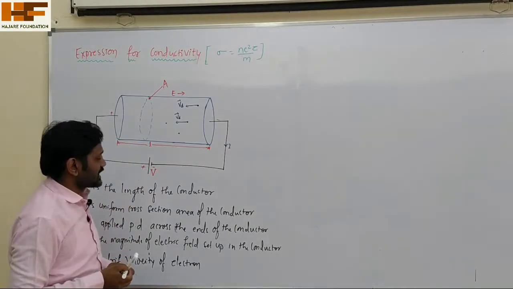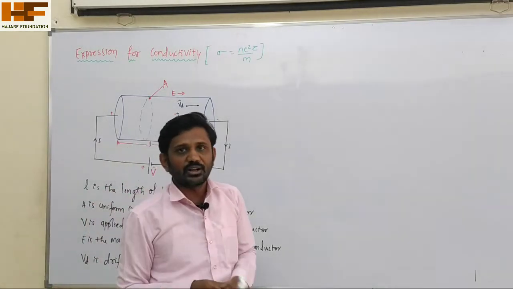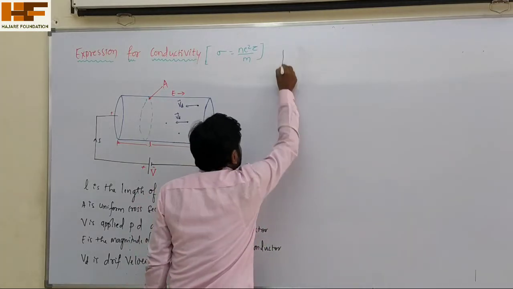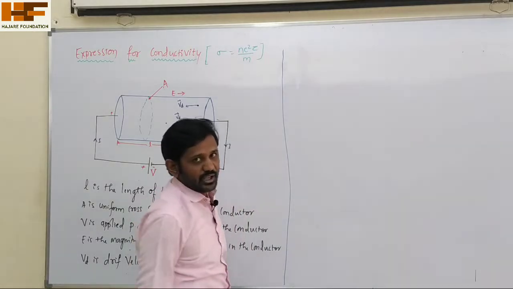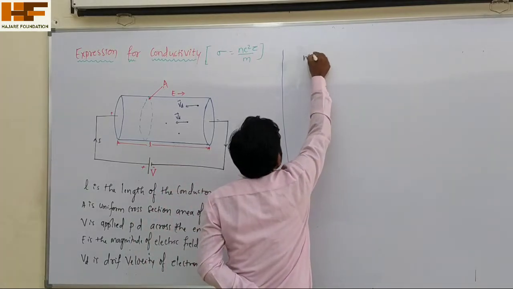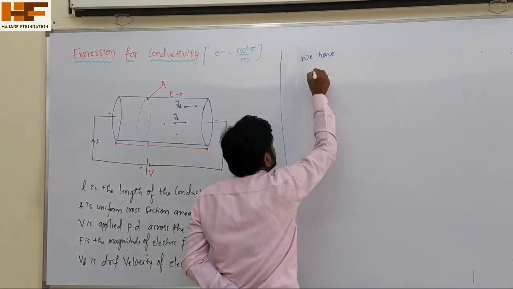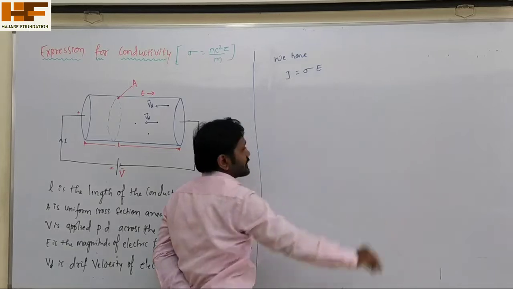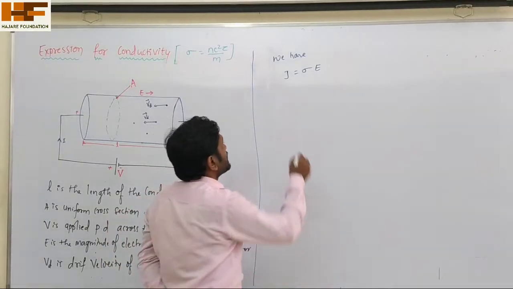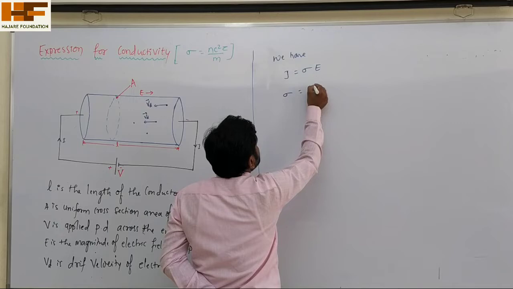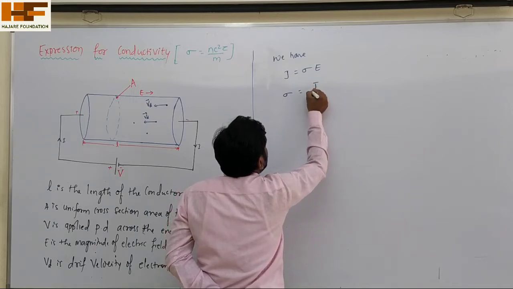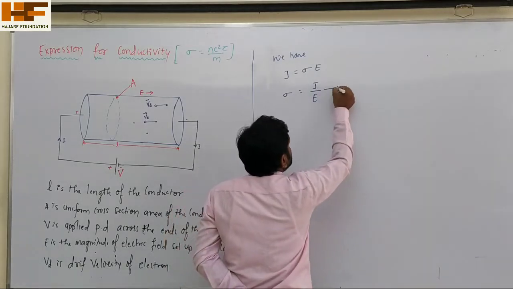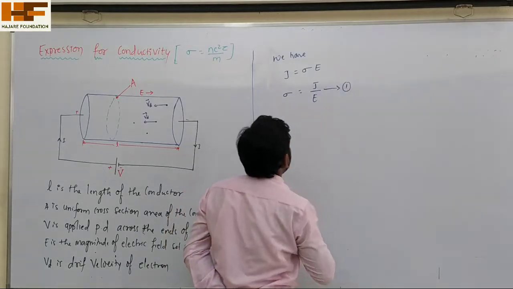Here if J is the current density of this conductor, already we know the relation between current density and conductivity, that is J is equal to sigma into E. This one I can write as sigma is equal to J upon E. This one we will take as equation number 1.